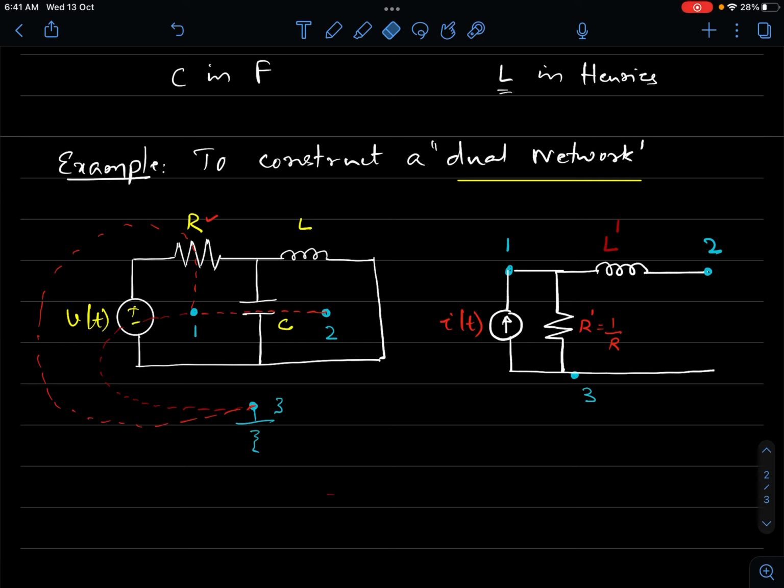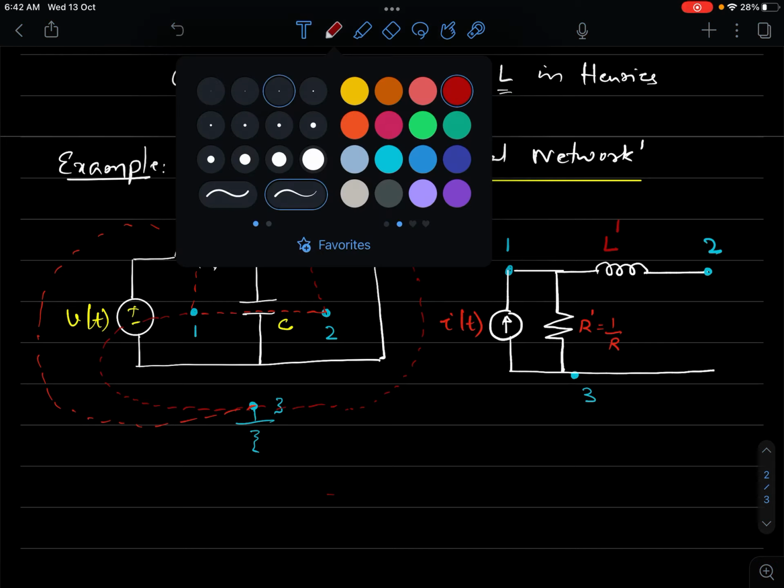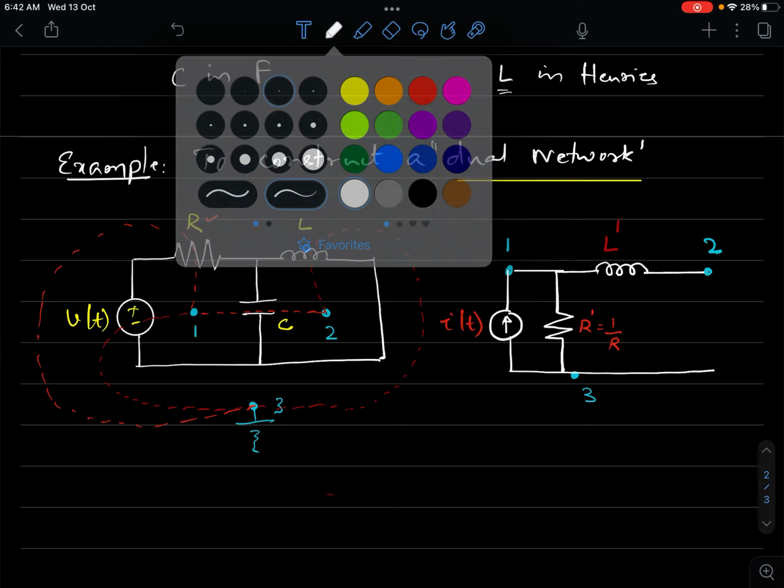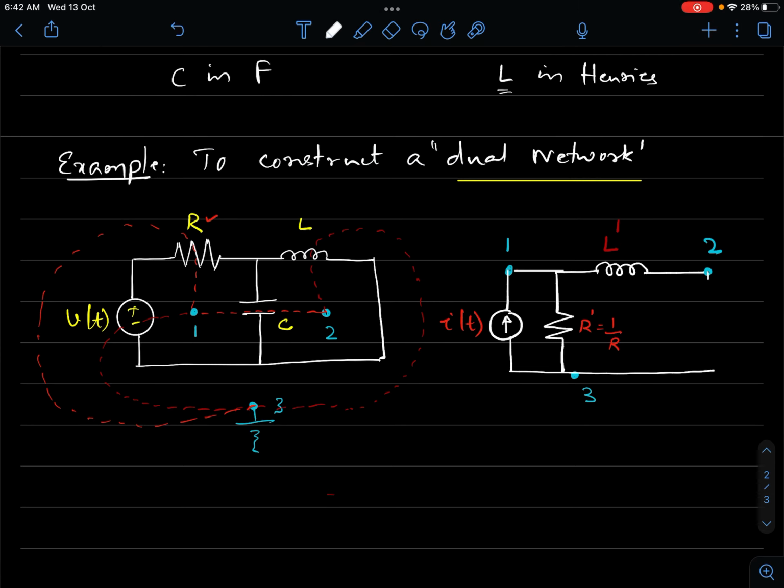Now between 2 and 3, if I look at the network between 2 and 3, I am having this inductor. I am trying to follow a path. This inductor lies between 2 and 3. What is the analogous element of inductor? It is a capacitor. So I will have to replace the inductor by a capacitor in the dual network.